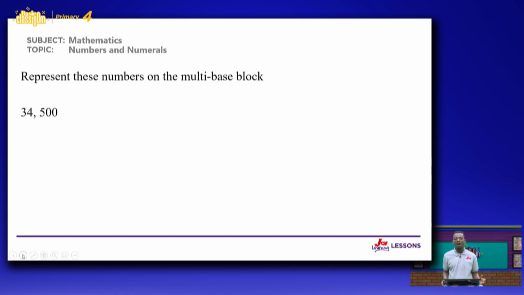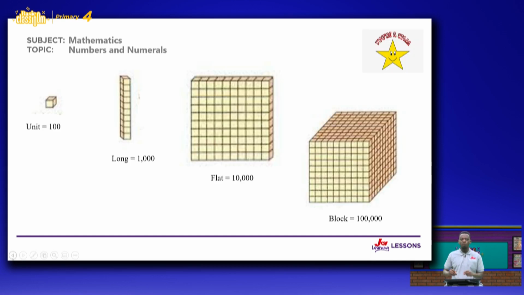So first we have our number, 34,500. Let us have a recap of what the multi-base block represents. The cube, or the unit, is going to represent 100. Then the long will represent 1,000.